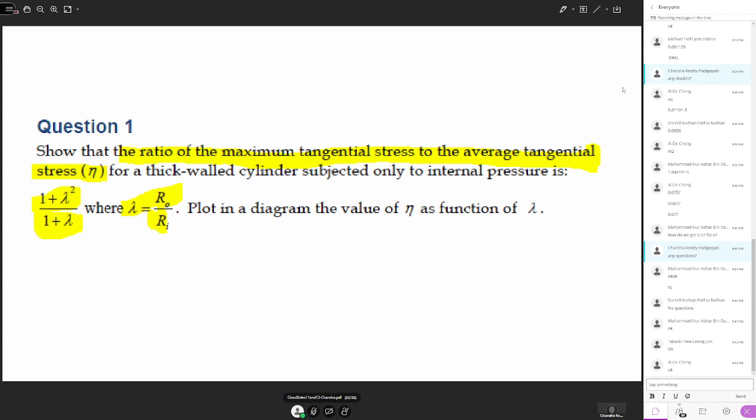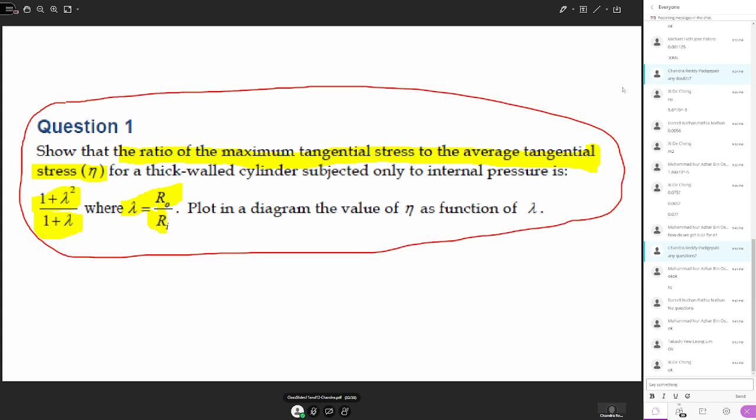This question is actually a worked out problem in a number of books. It asks you to show that the ratio of the maximum tangential stress to the average tangential stress, for a thick wall cylinder subjected only to internal pressure, can be written as 1 plus lambda square over 1 plus lambda, where lambda is the ratio of the outer radius to the inner radius.